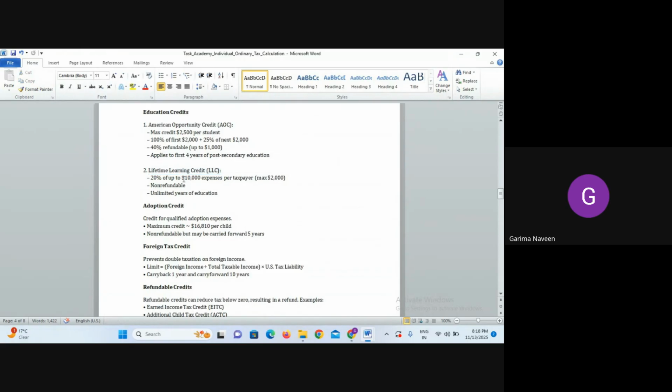If you have expenses up to $10,000, then you can get a 20% credit on these expenses, meaning up to $2,000 is the credit that you can claim in your Form 1040. This is non-refundable, meaning you can't get any refund if you have an excess of credit, and it applies to unlimited years of education, meaning whenever you are doing part-time courses, you can get this credit.